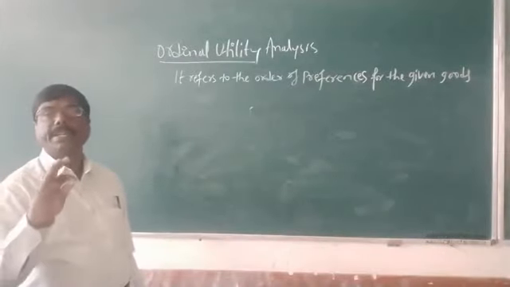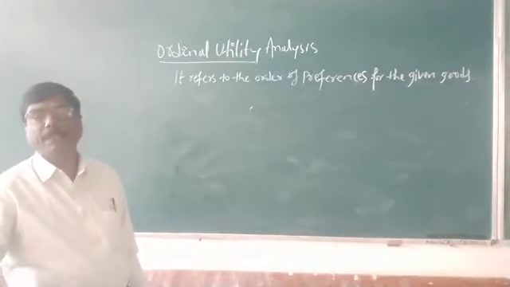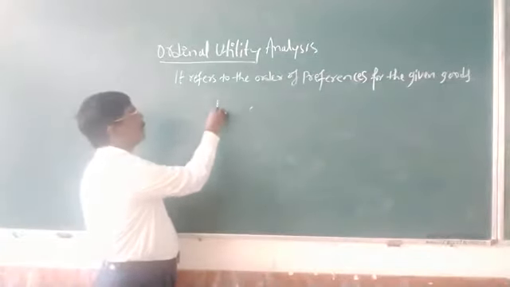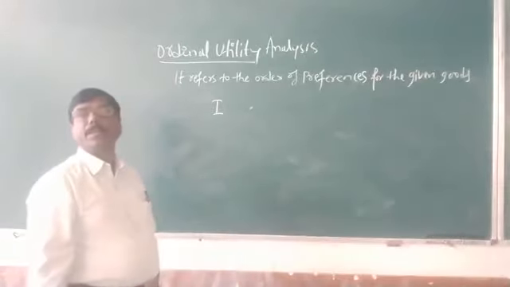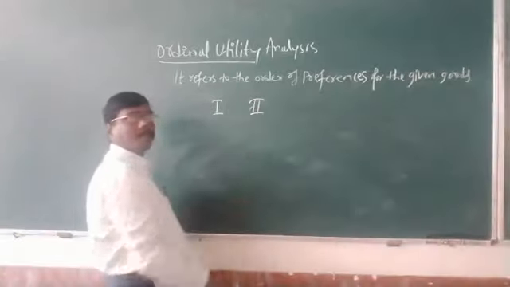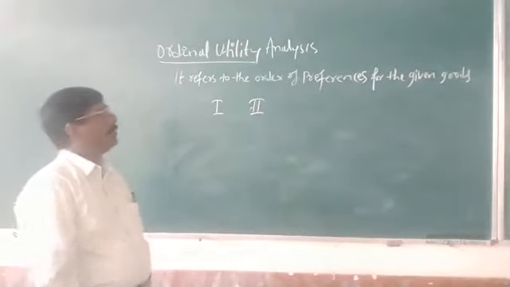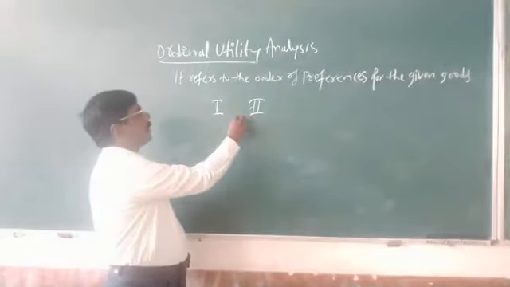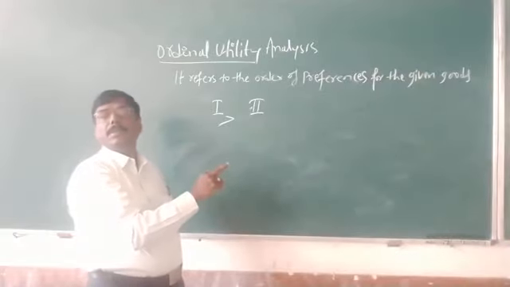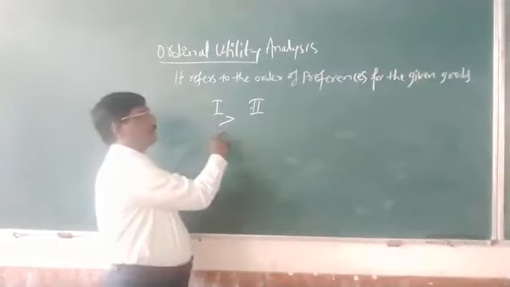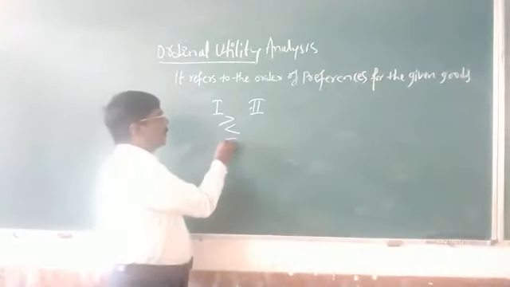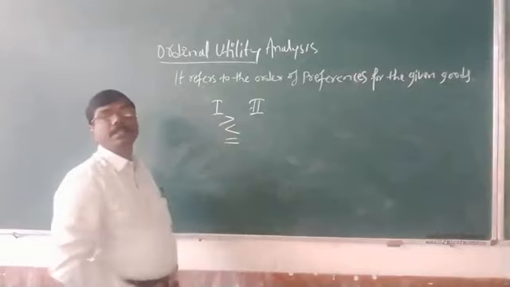For example, if he consumes the first unit of a commodity and then the second, he can tell whether the second unit gives more satisfaction, less satisfaction or equal satisfaction than the first.